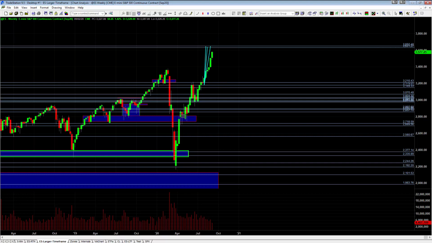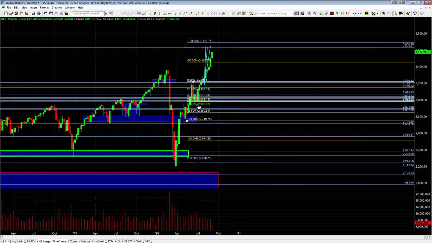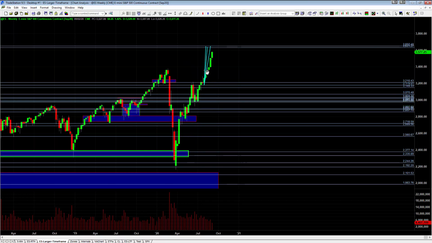You can see that, over here earlier, we based and then we took off to the upside, right? And on the weekly, we end up getting this 50 to 61.8% retracement, right? Well, imagine if something like that happens now.